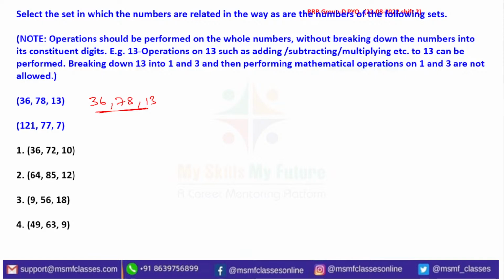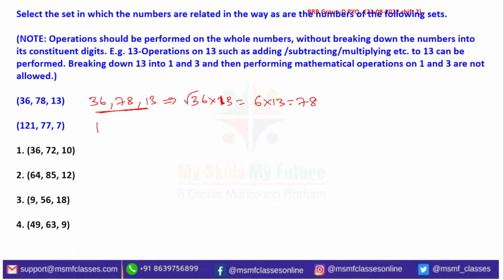The logic is root of the first number into the third number is equal to the middle number. Root 36 is 6, and 6 into 13 we get 78.